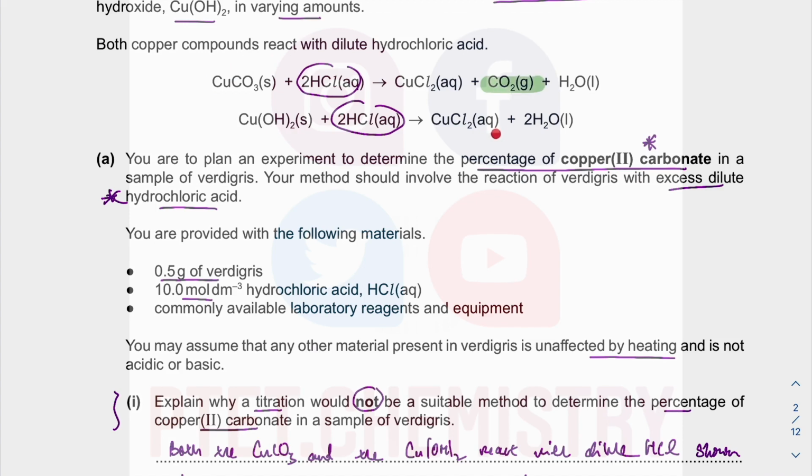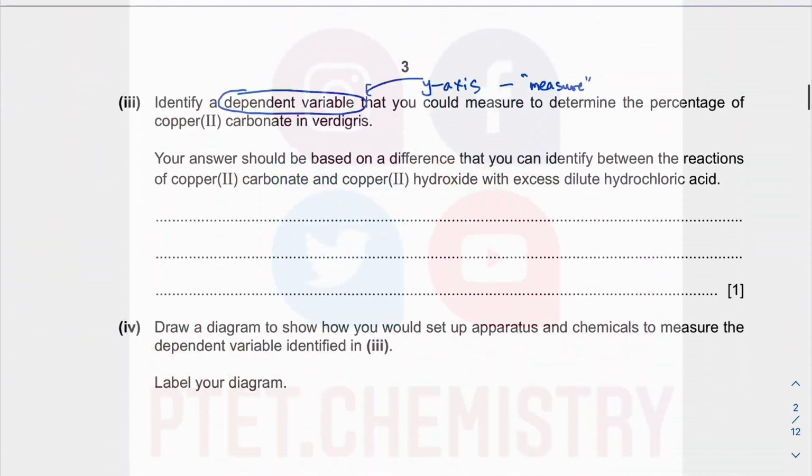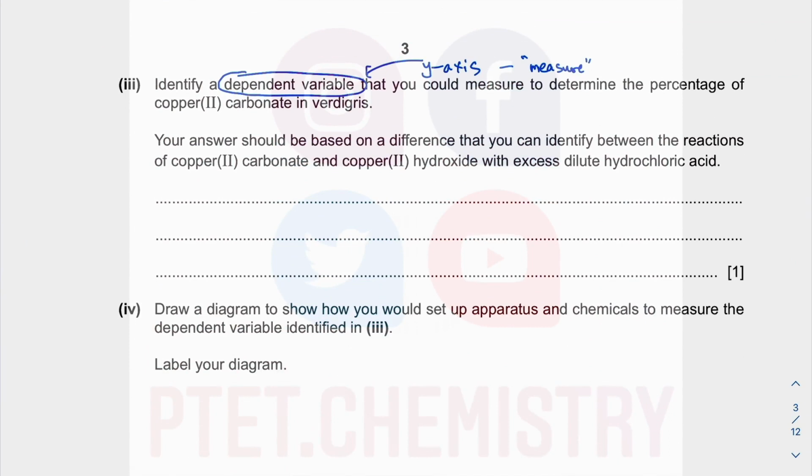So this one doesn't give out the CO2 gas. So if we measure the volume of CO2 gas, that actually tells us the amount of copper carbonate, right? Because this is the only reaction, the only one of the two that gives off the carbon dioxide gas. This one doesn't give off gas. So we could be looking at measuring the volume of the carbon dioxide gas produced.